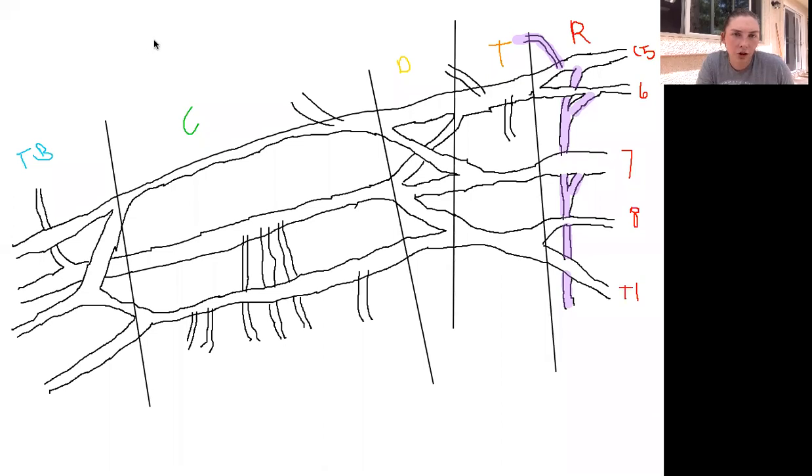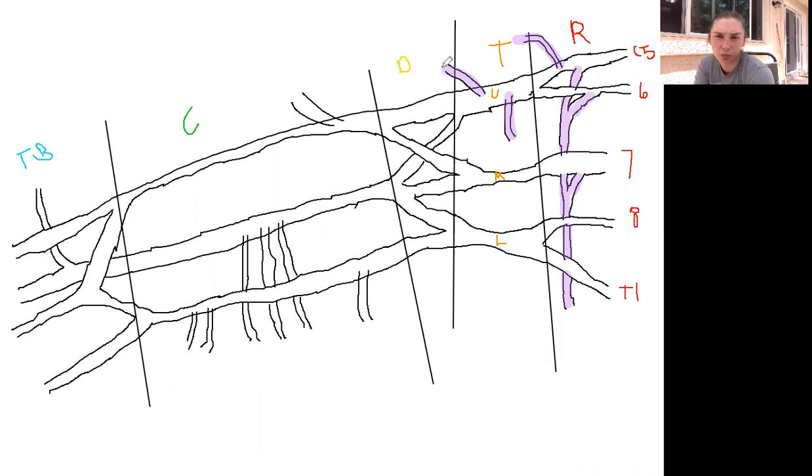Next, we have our trunks. Our trunks are labeled as upper, middle, and lower. We also have a few branches off of here. First and foremost, we have the nerve to the subclavius. It just supplies the subclavius.